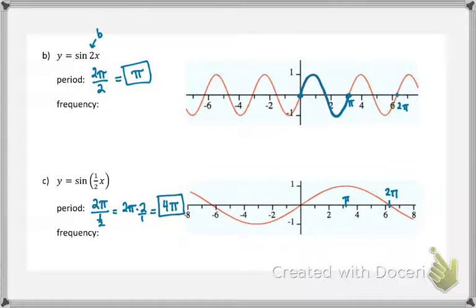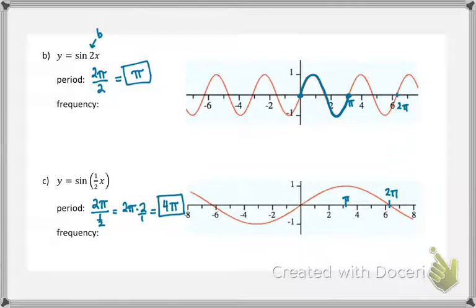And then for C, the B value is 1/2, right? So we've got 2 pi divided by 1/2, keep change flip, 2 pi times 2 is 4 pi, which tells us that it takes 4 pi units to complete one full cycle.